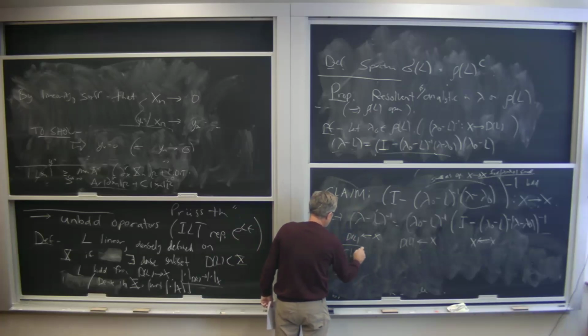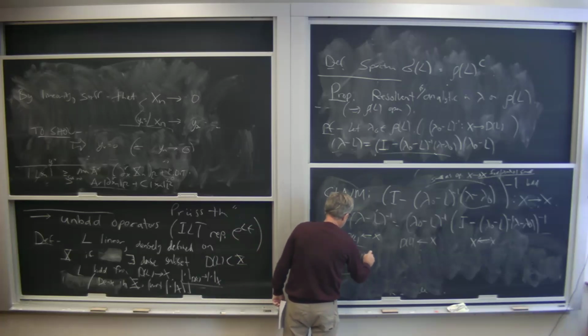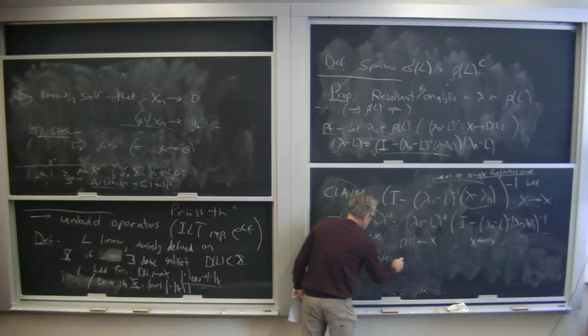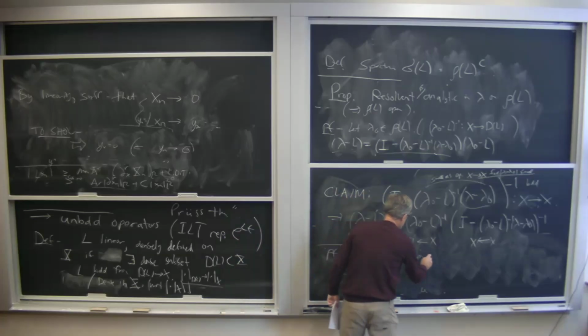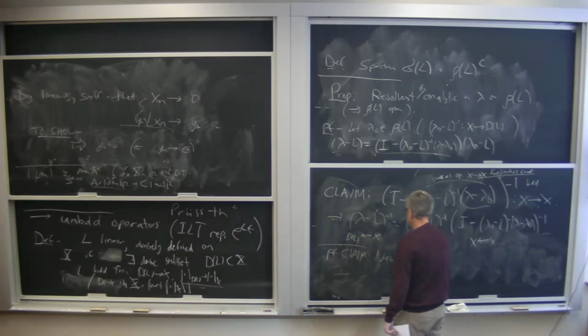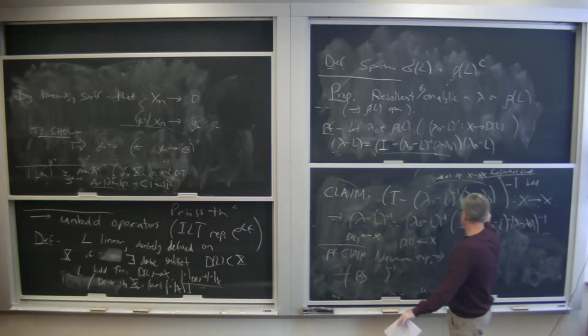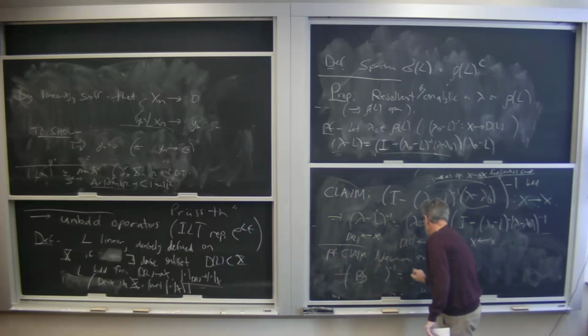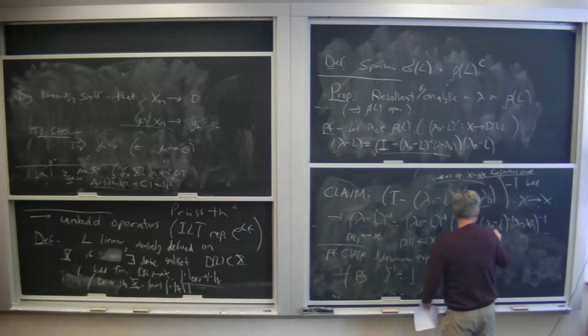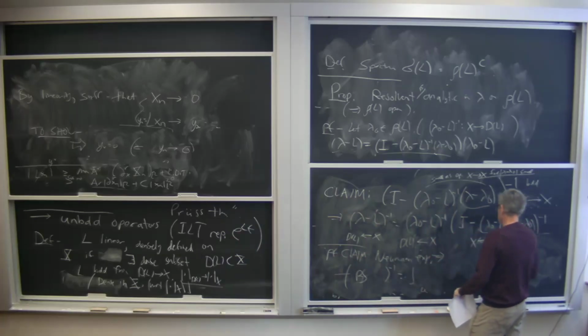So the proof of the claim is Neumann expansion, which gives me that the inverse of the Birman-Schwinger part, this whole thing, let me give this a name, I'll just call that alpha.